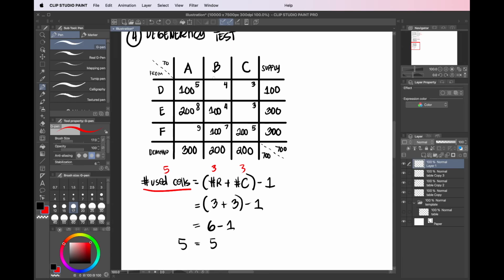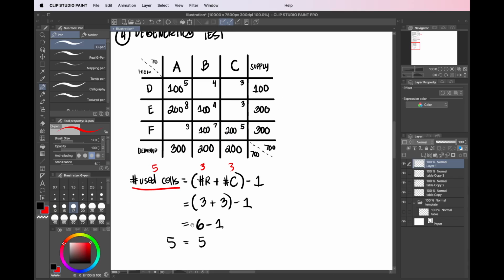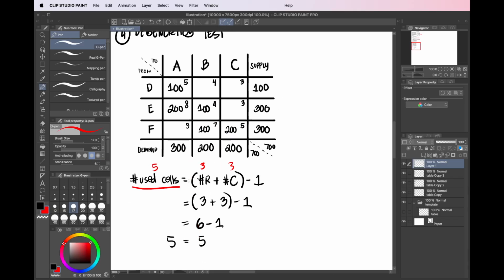You can see here that there are 1, 2, 3, 4, 5 used cells, and after calculation, the value that would make it non-degenerate is exactly 5 allocations, right?